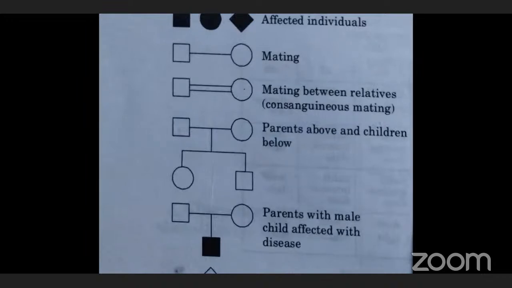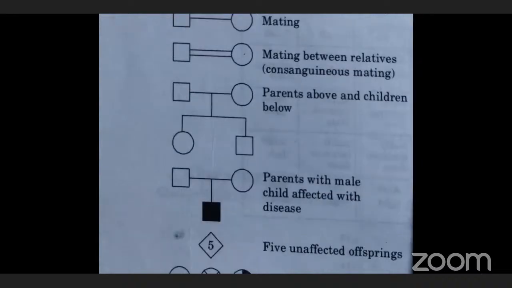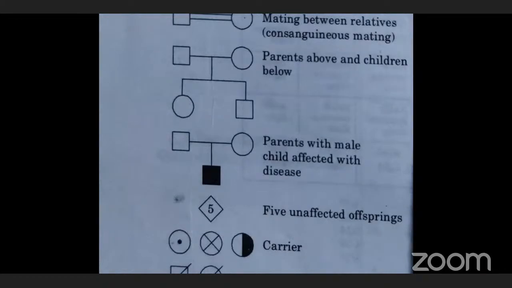The line connecting the parents to the progeny means parents above and children below. The male mating with the female produces the F1 generation, which includes both female and male. Clear?